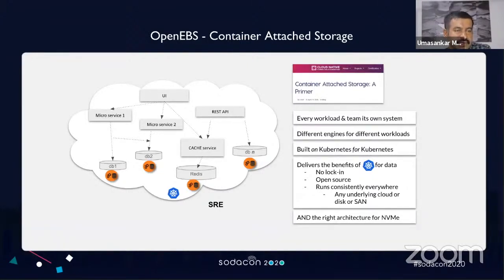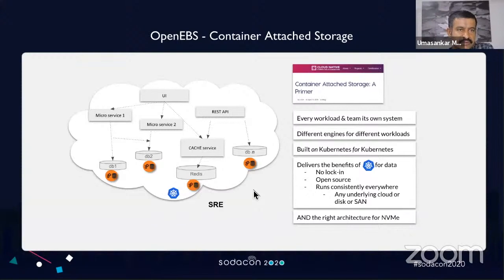For that, the best way is to wrap the technology that manages your data into a container as well, and get the best of it. That's what container attached storage is, and it is the fundamental architecture principle of OpenEBS. With that architecture, you're keeping your data always available, extendable and flexible, and it is a microservice.